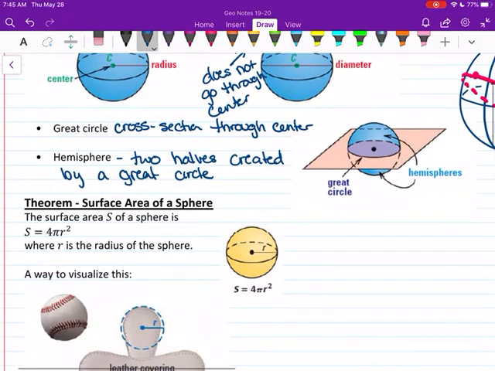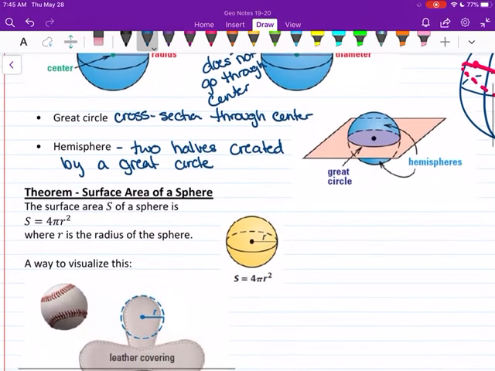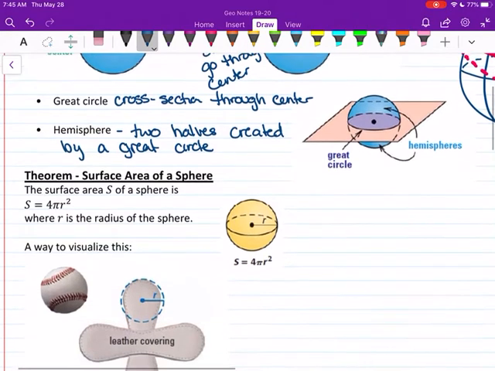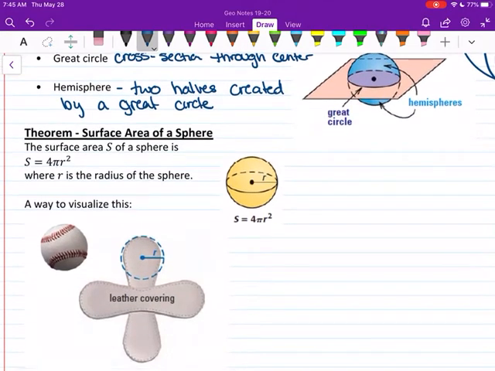All right. Our first theorem is the surface area of a sphere, and the formula for surface area is 4 pi r squared. We're not proving any of the theorems, but a way to think about it is think about a baseball. If you were to take apart a baseball and look at the leather coverings, you see that you have 4 circle-like ends.